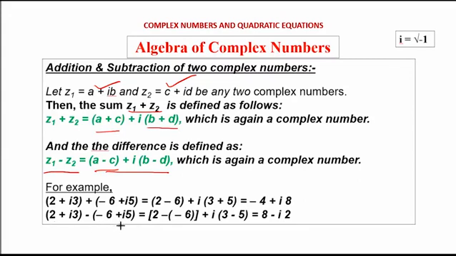Similarly, subtracting the same two complex numbers, we just change the symbol to minus: minus of minus 6 plus i into 3 minus 5 gives minus i2. That means 2 plus i3 minus minus 6 plus i5 gives 8 minus i2.